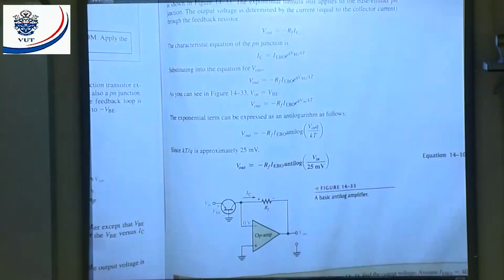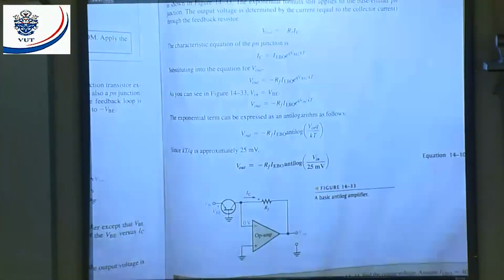All right. Now we can substitute that in for Vout. Then you can say Vout is equal to minus RF IEBO e to the power q times VBE divided by kT. Now they say, as you can see, Vin is equal to VBE. And then we can say Vout is equal to minus RF IEBO e to the power q times Vin divided by kT. The exponential term can be expressed as an anti-logarithm as follows.